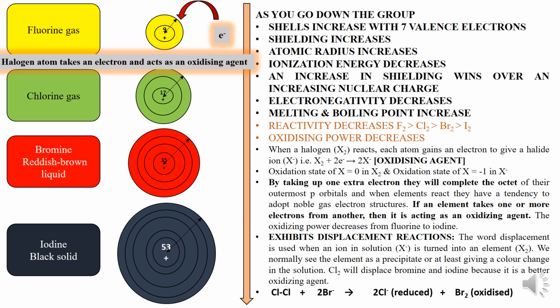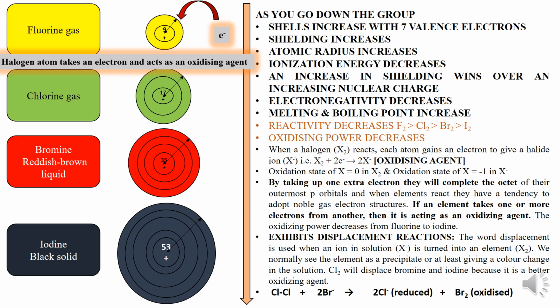For example, when you treat bromide ion solution with chlorine, chlorine oxidizes the bromide ion and liberates bromine during the reaction, and in the course of the reaction the chlorine molecule gets reduced and turns into a halide ion.